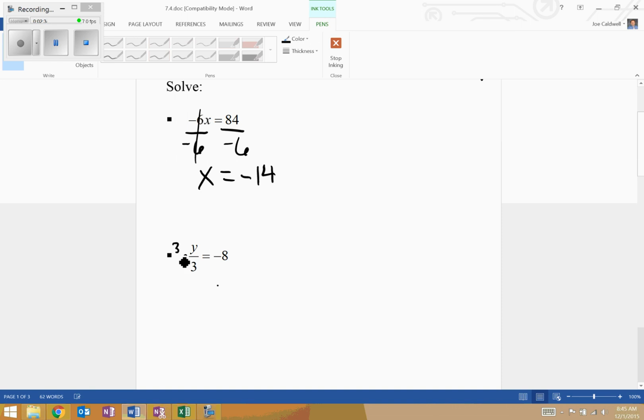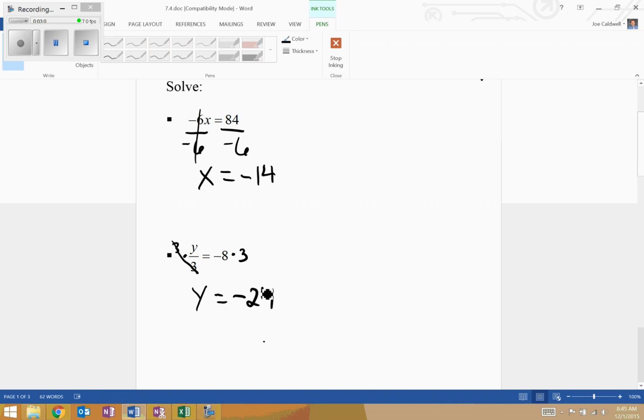All right, and that's just going to leave us with y over 1, right? We can cancel both those out, and so all we're left with is just y over 1, which is really just y. Since we multiplied the left side by 3, we also have to multiply the right side by 3, and that's -8 times 3 is -24.